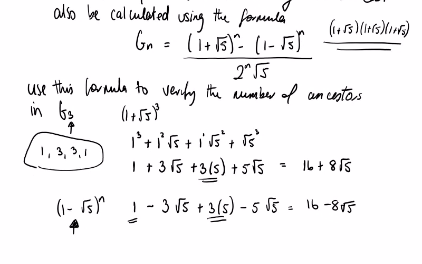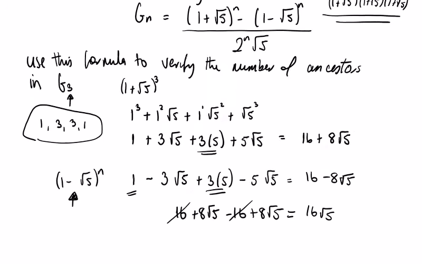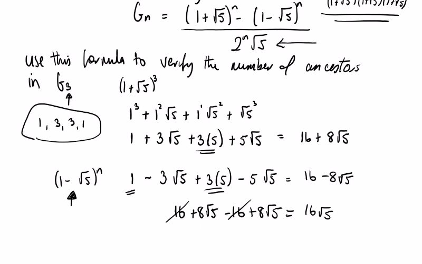And we have the first one minus the second one. So this is 16 plus 8 root 5 minus 16 minus 8 root 5. The top line is going to give me 16 root 5. The 16 cancels. The bottom line is 2 to the power of n root 5, and we're dealing with 2 to the power of 3 here, so that's 8 root 5.